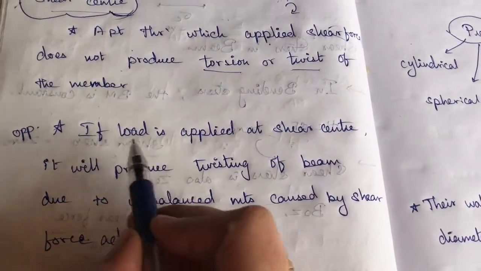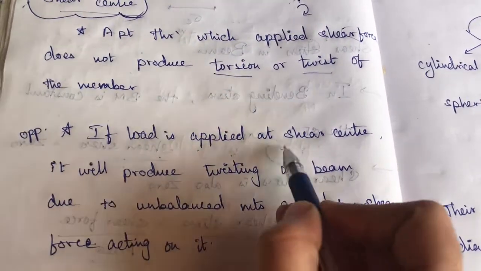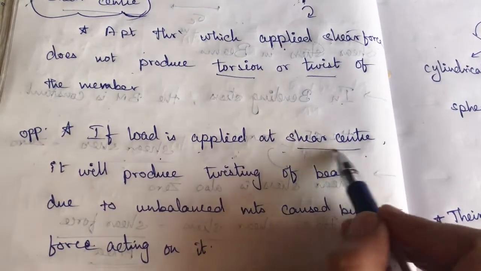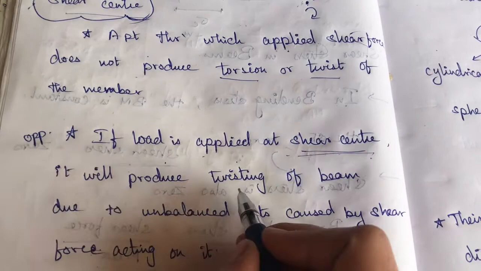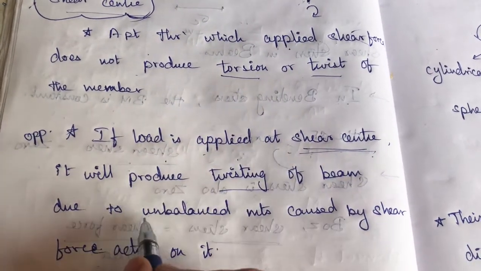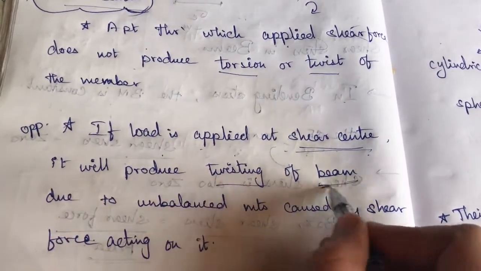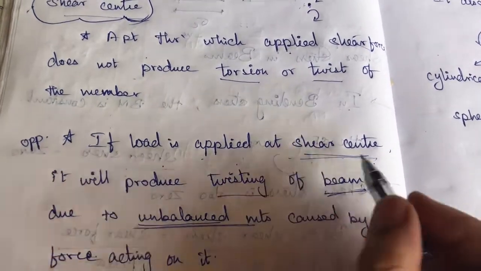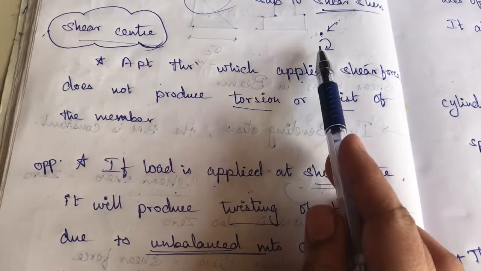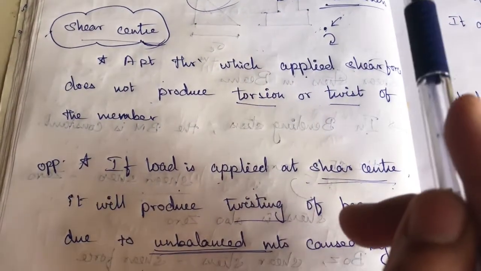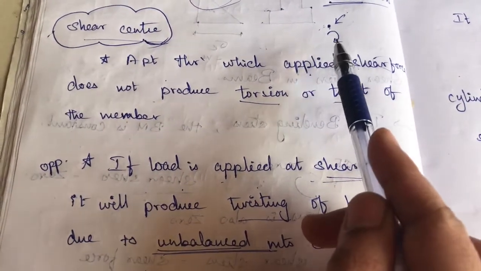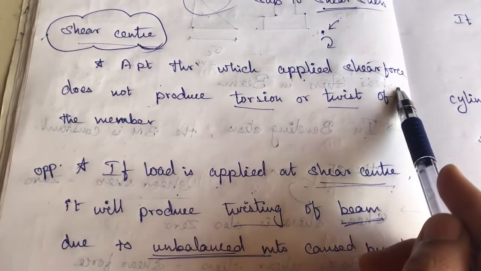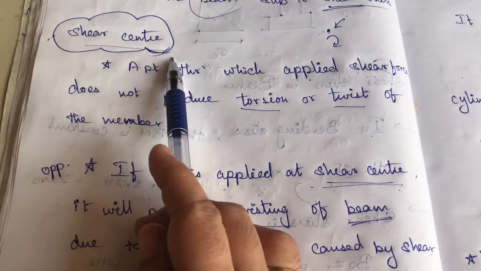And if the load is applied away from the shear center, they are saying, it will produce twisting or torsion to the beam due to the unbalanced moment. So this is the point at which no twist and torsion is produced by the applied shear force. It is called the shear center.